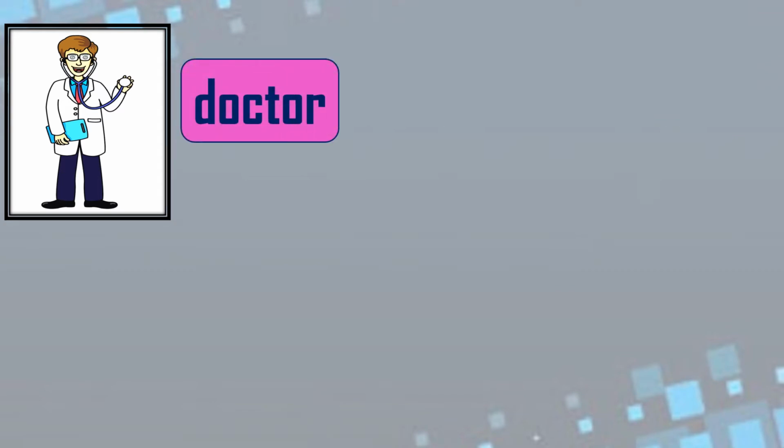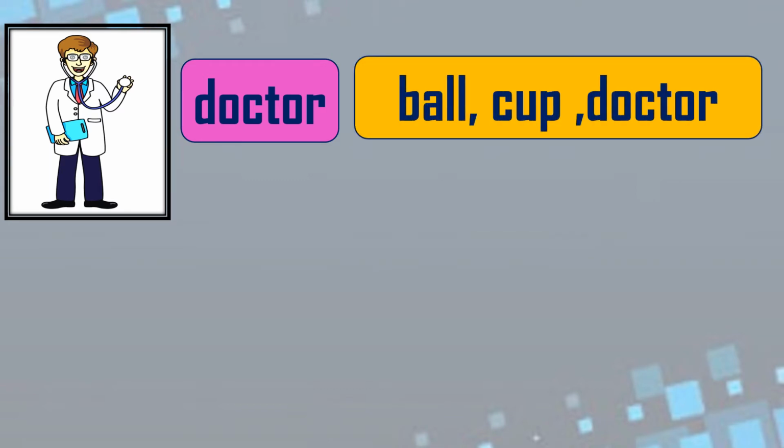Now there is a picture. Who is he? So he is a doctor. I have written in pink box, doctor. Okay. Now look at that word. Look at the picture. Look at the word. And in yellow box there are 3 words.